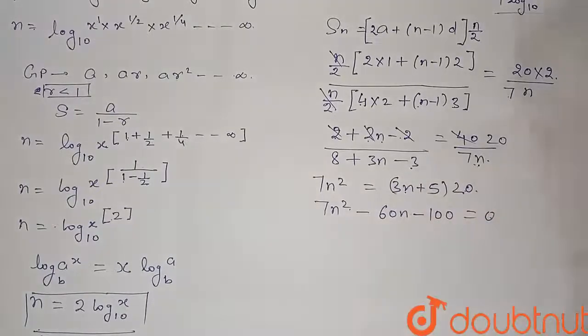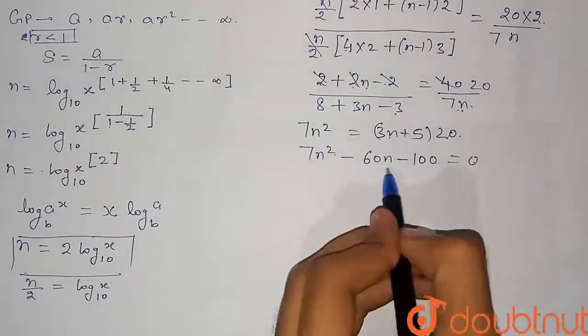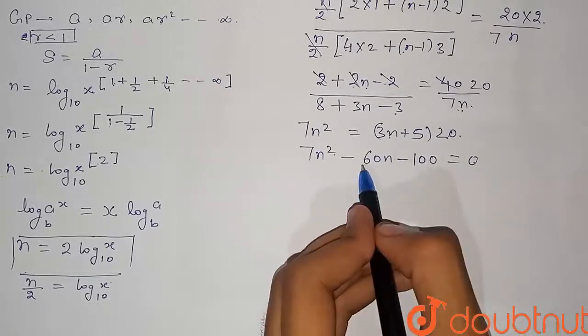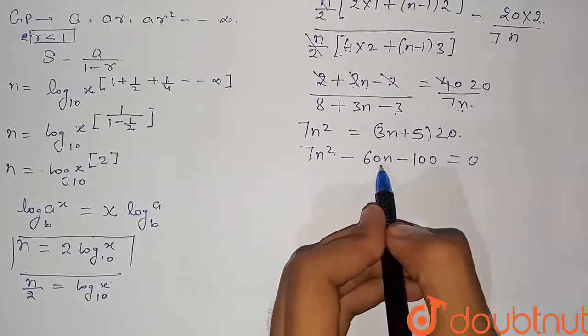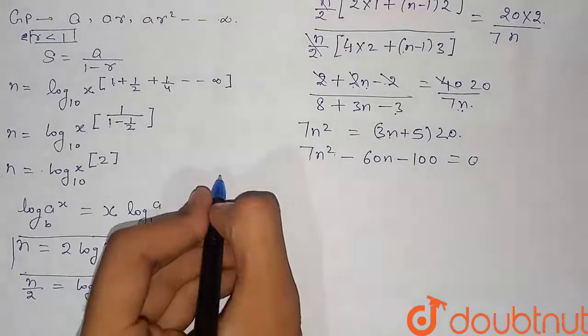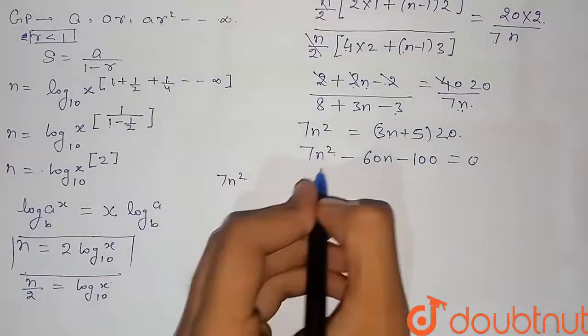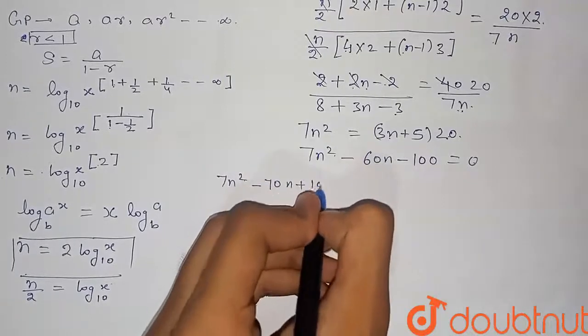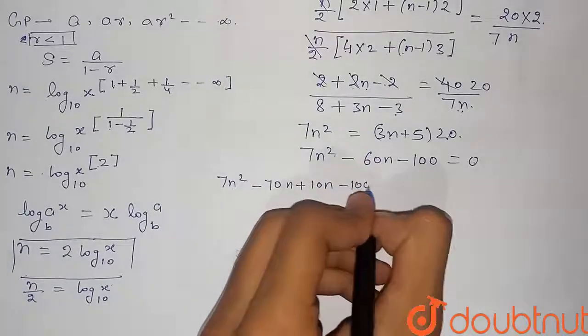If we solve this quadratic equation, we can split the middle term. Here we want the product as minus 700, and the sum will be minus 60. So we can write this like this, that is 7n square, and this 60 can be written as minus 70n plus 10n, so plus 10n minus 100, that is equal to 0.